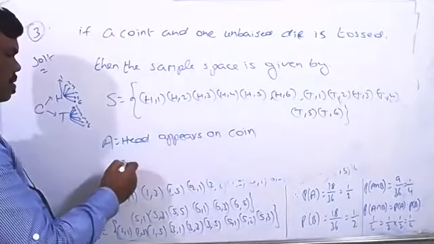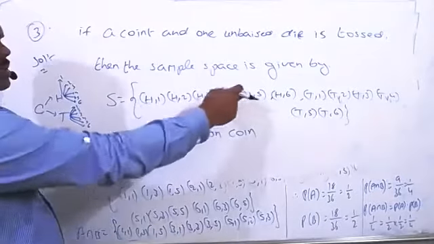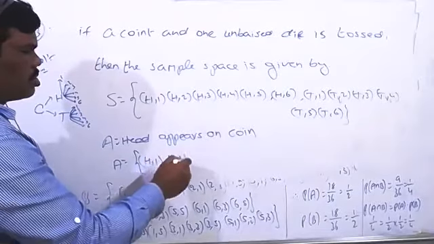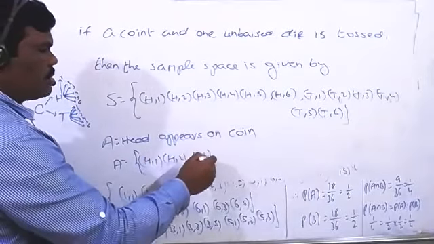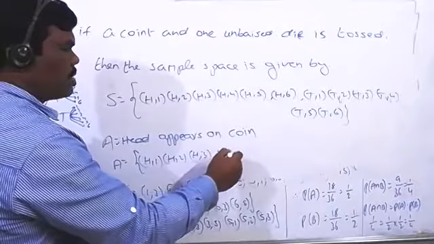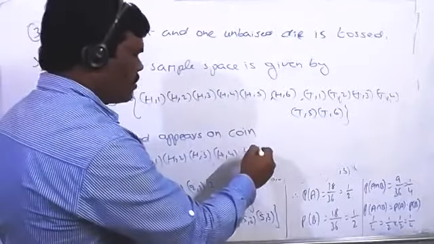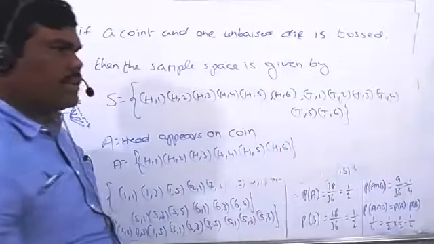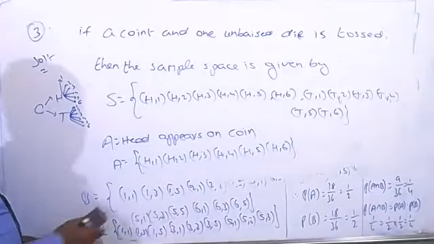Tell me now. I think the first 6 we will get: H1, H2, H3, H4, H5 and H6. This is the event A. And what is the event B here now?